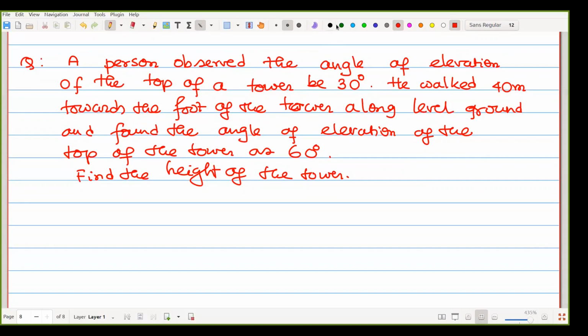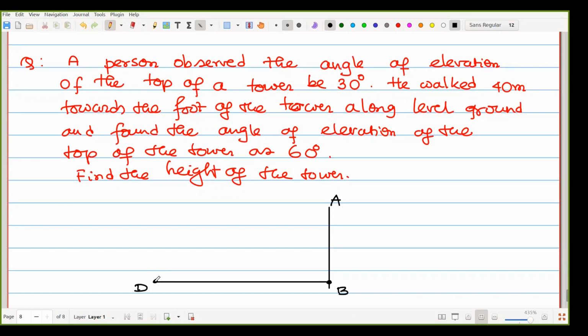Okay, suppose that one is the tower, and we are giving it the name AB. Okay, one person is here, suppose that is D. So that is the foot along with the tower. Now a person observes the angle of elevation of the top of the tower to be 30 degree.